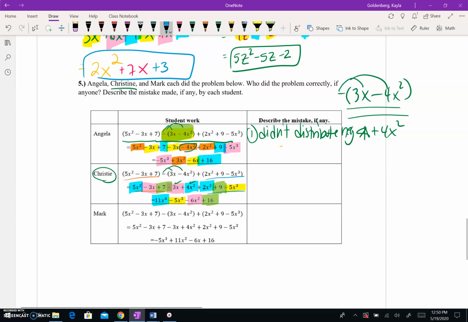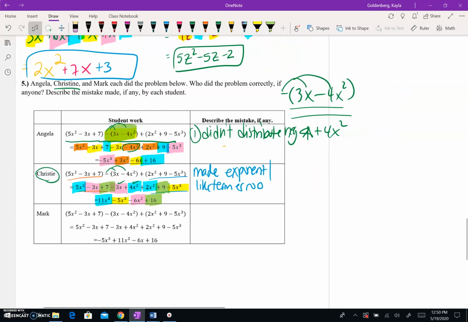So the mistake she made, maybe the best way to say it is, made exponent or like term errors. So what Christy said, I'm going to do the blue example, for instance. So she said 5x squared plus 4x squared plus 2x squared.